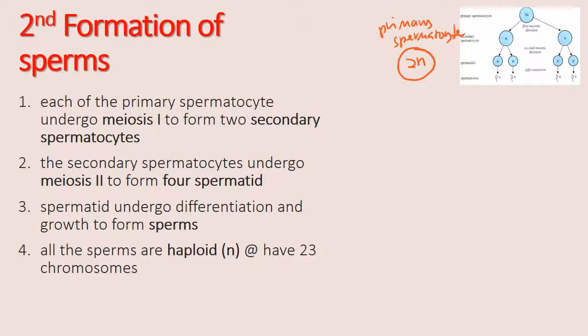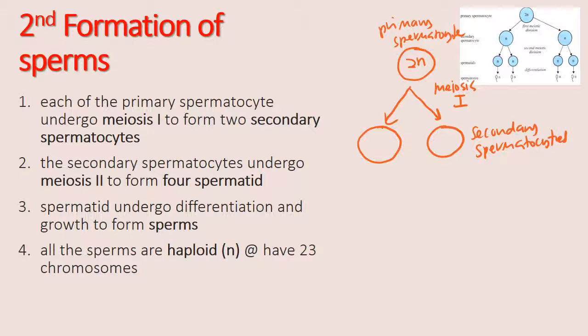This primary spermatocyte will undergo meiosis 1 and it will form two cells, which are known as the secondary spermatocytes.